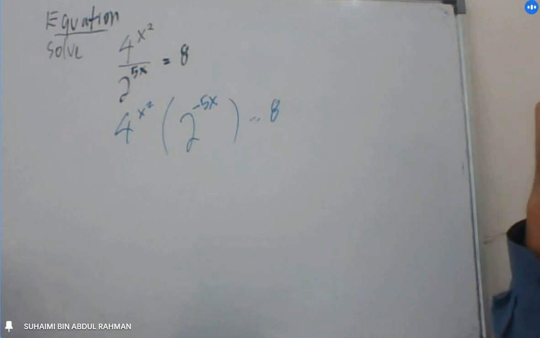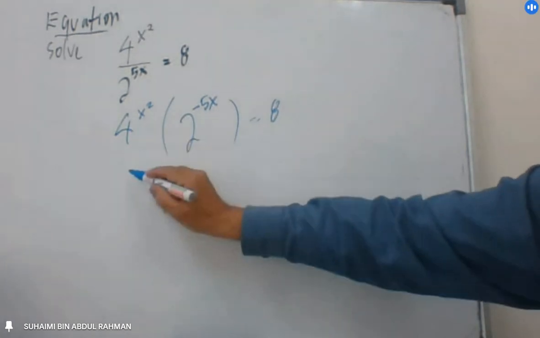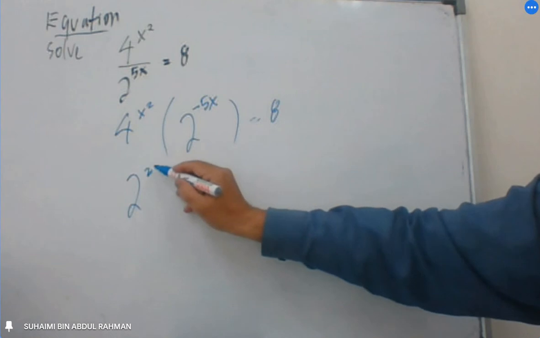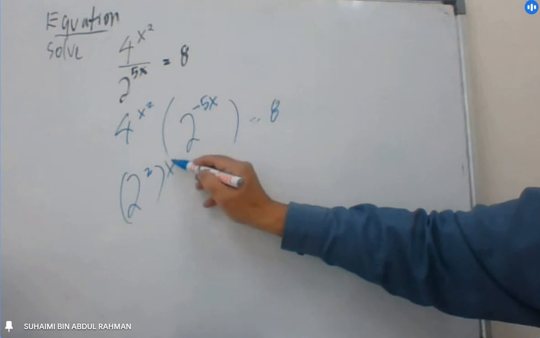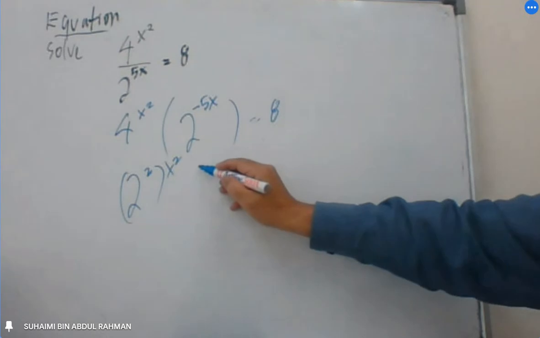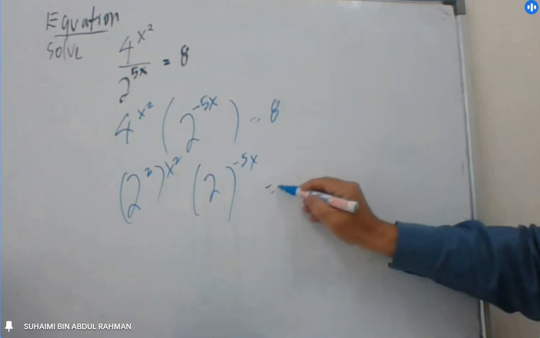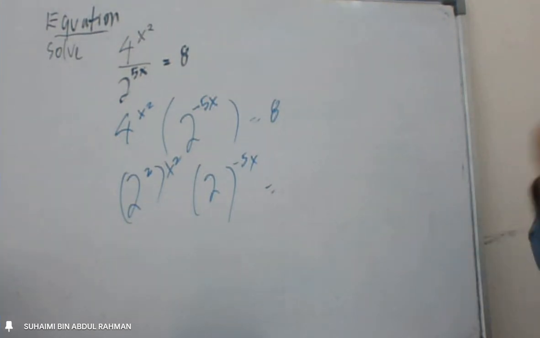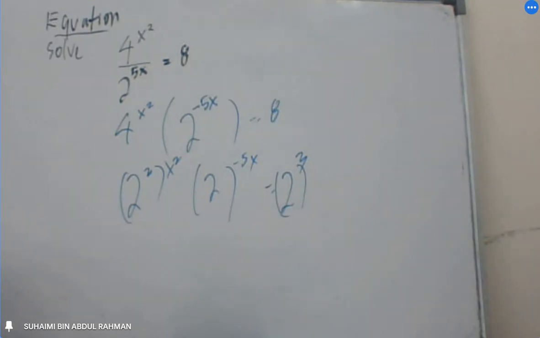So what do we have to do? 4 we write as 2 to the power of 2, so 4 changes to 2 to the power of 2, with x squared. Here already 2, 2 to the power of minus 5x. Here is 2 to the power of 3. Same base now.